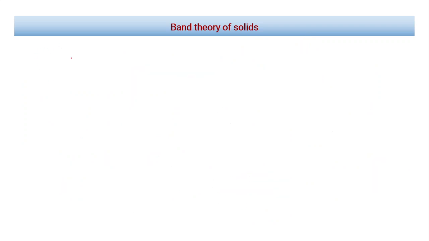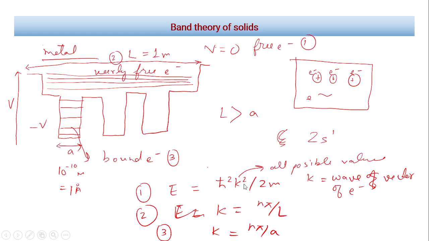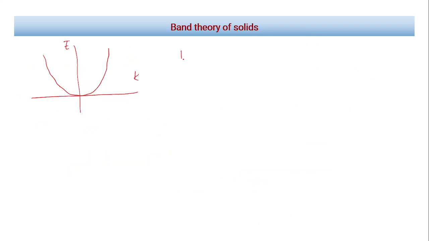If I draw it in a graph, this is energy versus wave vector, and this will be better because E is proportional to k squared. For a free electron, the dependence of energy on wave vector is parabolic.